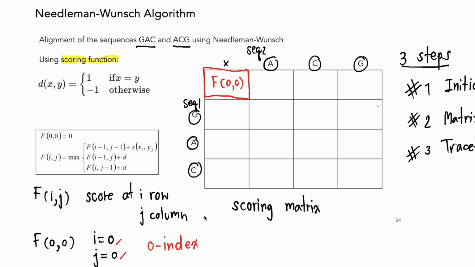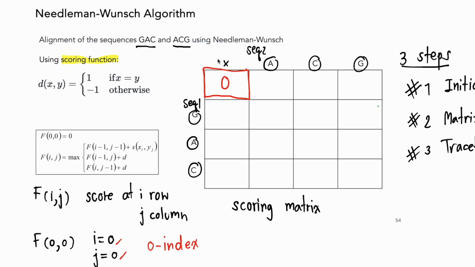Okay, so now from this scoring function, you can see that for the Needleman-Wunsch algorithm, in the first row and the first column, we have to put the 0 score. So I will replace this one here with a 0 score.